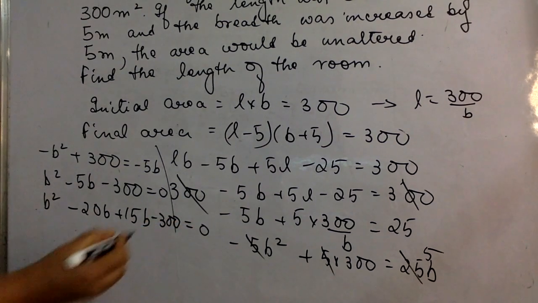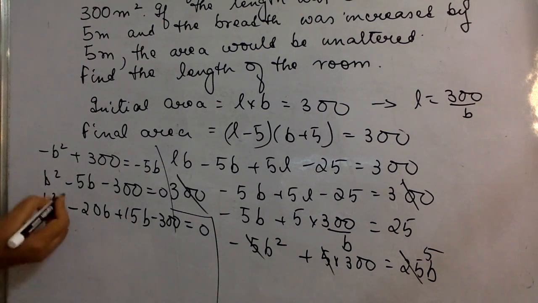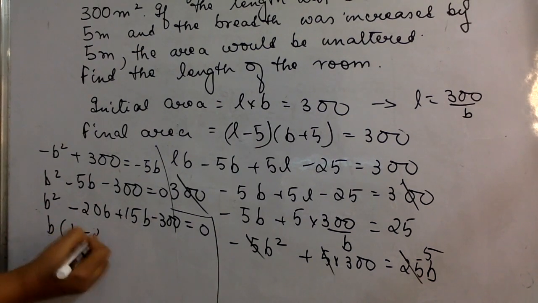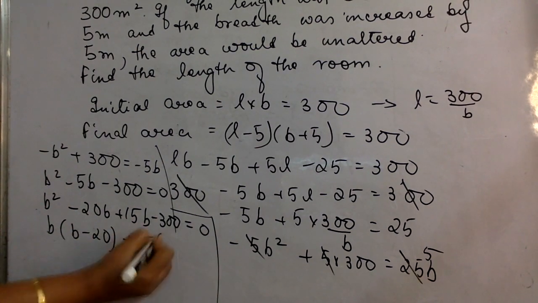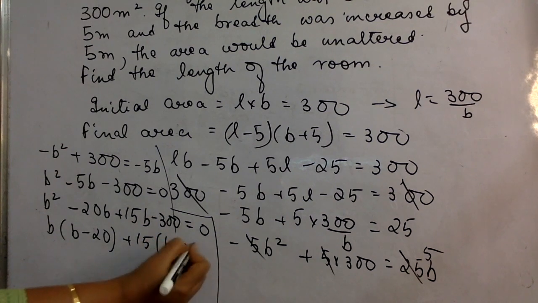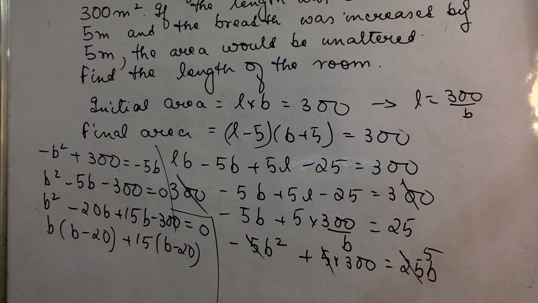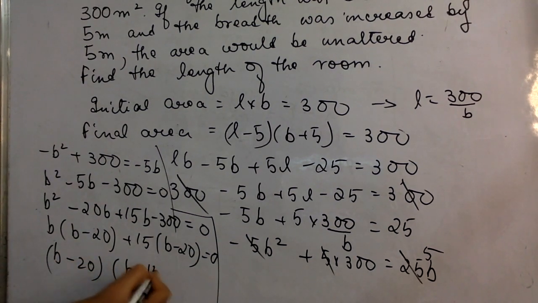Okay. So B minus 20, B plus 15, that is equal to 0.